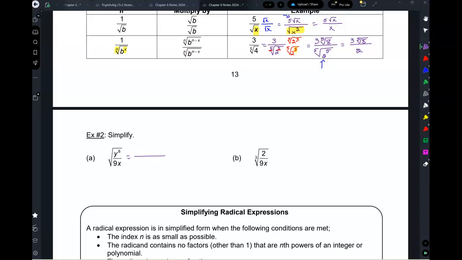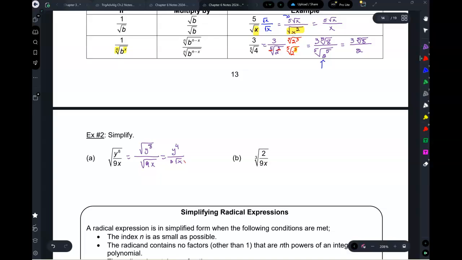Okay, so here we go. This one, we're going to split it up. So we're going to do square root of y to the 8, square root of 9x. So this is y to the 4, that's from yesterday, over. What happens to this 9? It comes out as 3 root x.